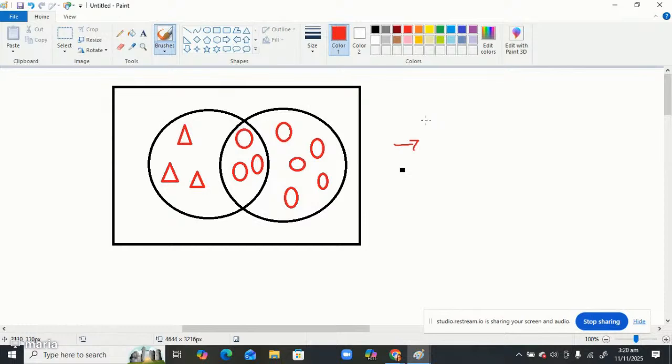So first of all, you guys tell me how many circles are there. You guys check and tell me how many circles are there. So how many total circles are there?